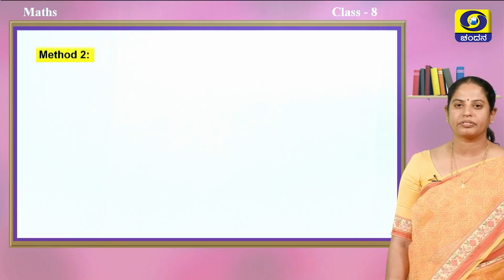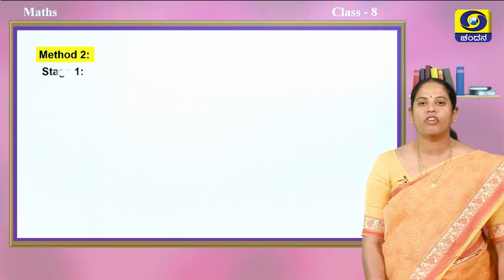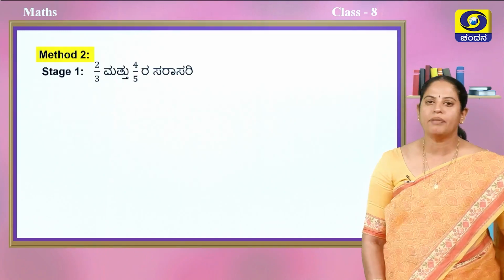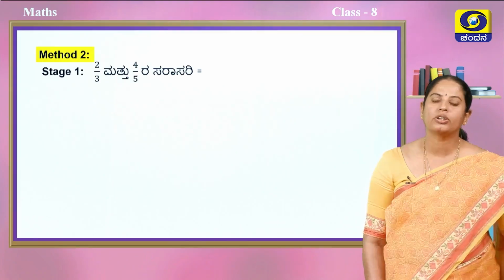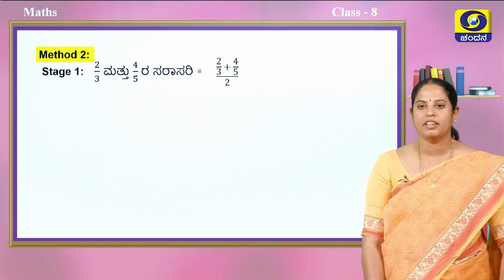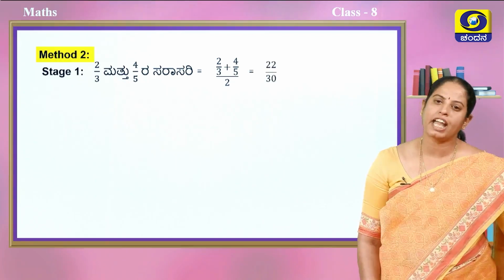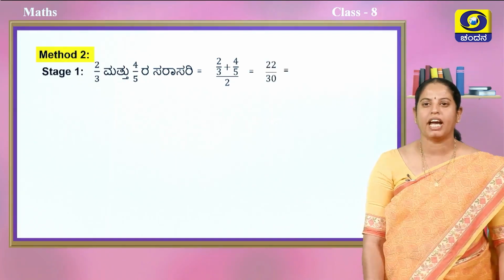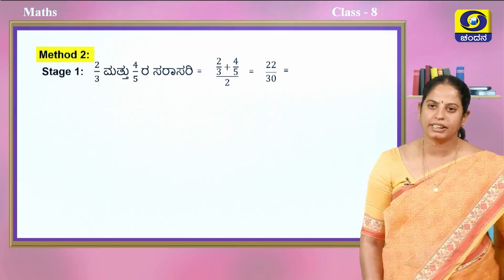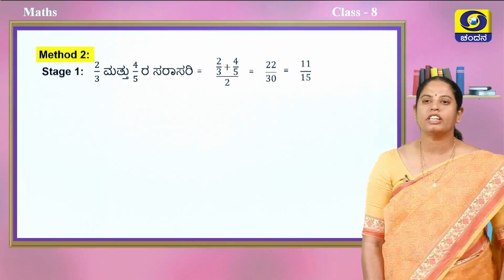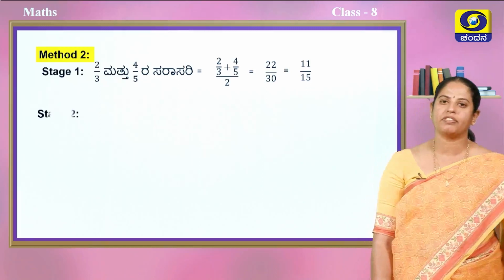So, the next method, observe here. In method 2, what I am going to do is take the average of 2 by 3 and 4 by 5. When I take the average of these 2 numbers, I will get 22 by 30. Okay. So, when it is simplified, it is 11 by 15.